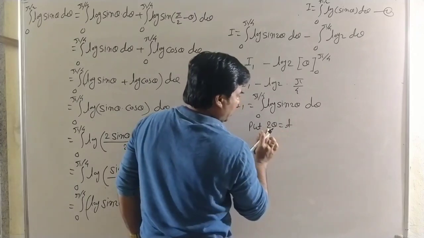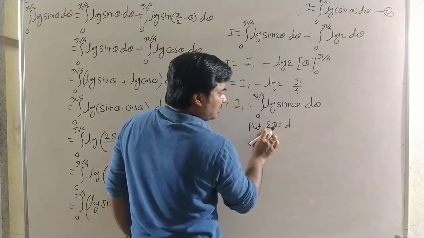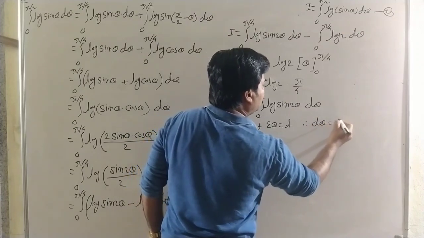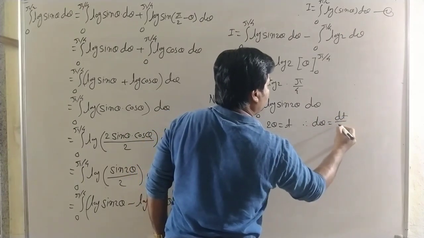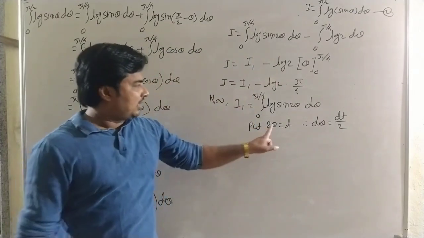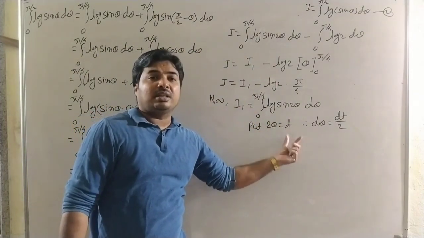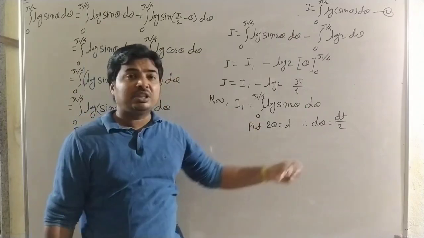See carefully here, 2 theta is equal to t, therefore d theta is equal to dt by 2. When we differentiate, it is a 2 and dt by d theta, therefore d theta is equal to dt by 2.